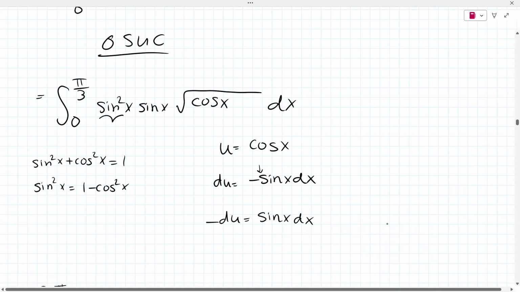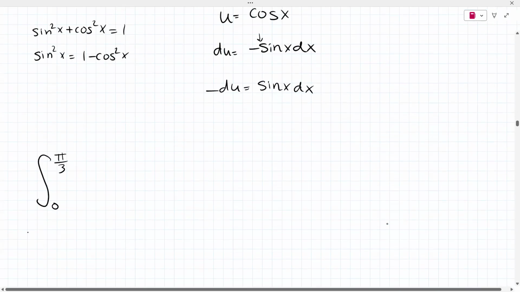And then you can replace sine squared of x with 1 minus cosine squared of x.